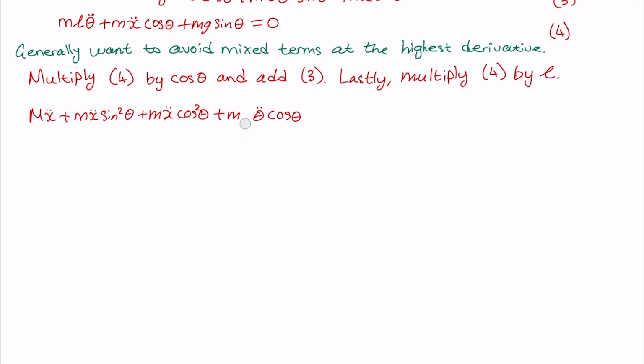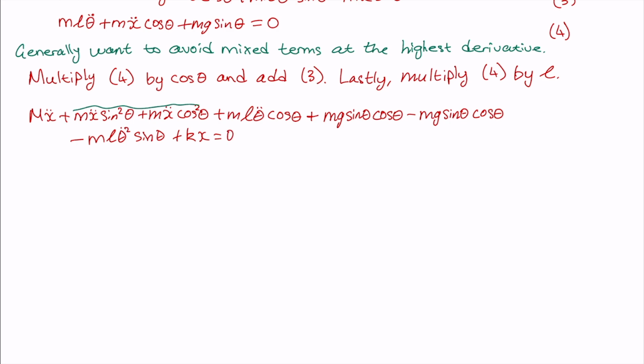My notes have sine theta times this term, but it should be a cosine because we multiplied equation 4 by a cosine, so that's just a mistake in my notes. Plus mg sine theta cosine theta minus mg sine theta cosine theta minus ml theta dot squared sine theta plus kx, and that's equal to 0.